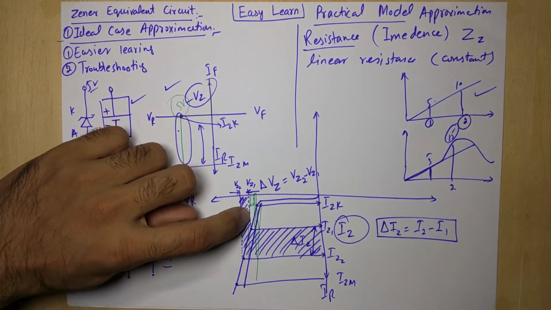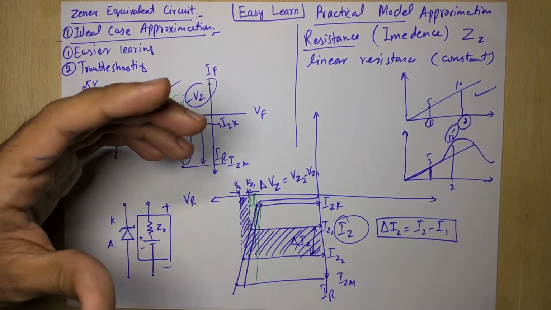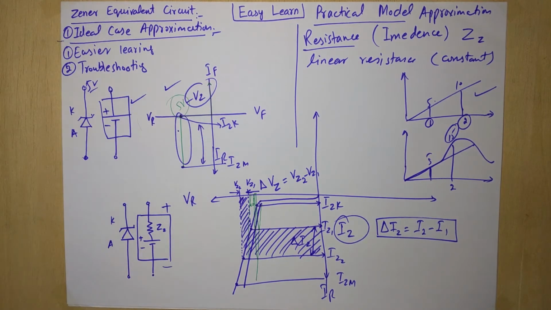This curve basically depends upon the resistance. If the resistance is low, it shows better regulation.